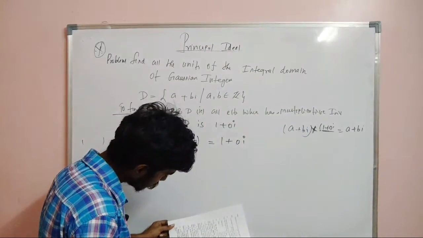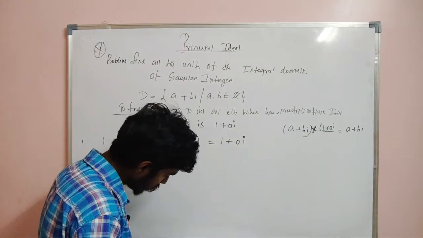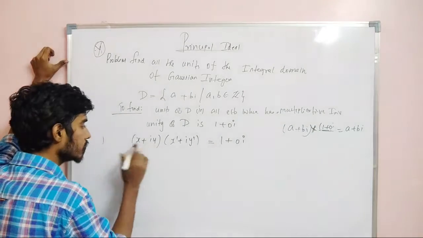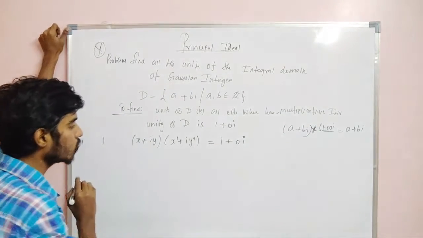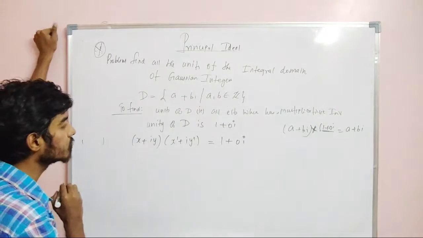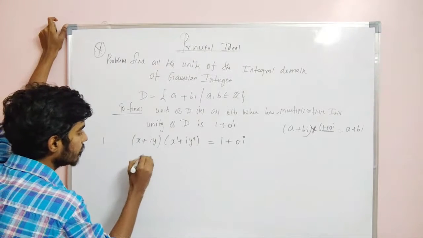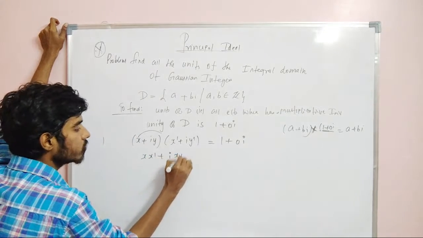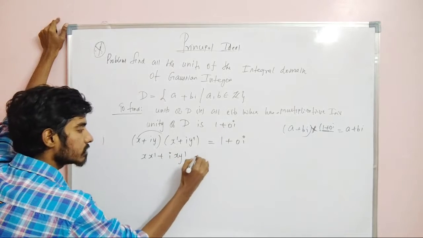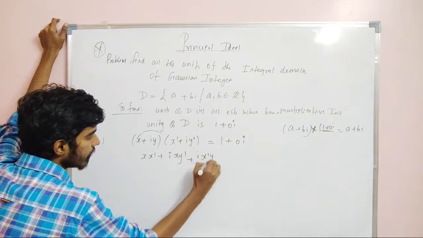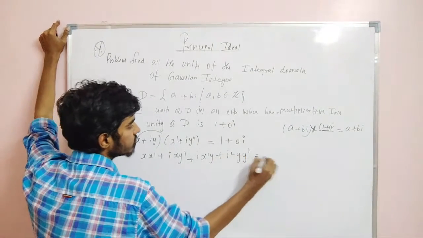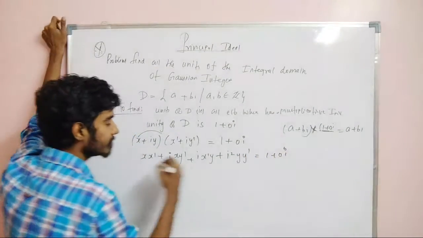Now it is a simplification. We need to find all those x and y which have a multiplicative inverse. Multiply: x x dash plus i x y dash plus i x dash y plus i squared y y dash is equal to 1 plus 0i.